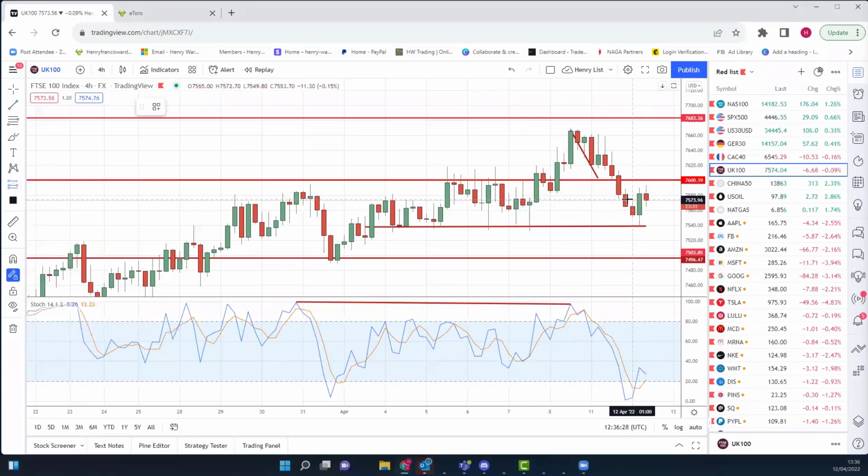The entry would be on this inside bar. See the inside bar here? Stop loss is below this low here. Take profit inside that high.